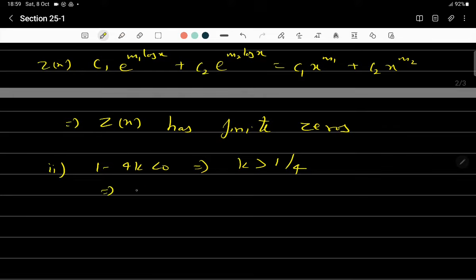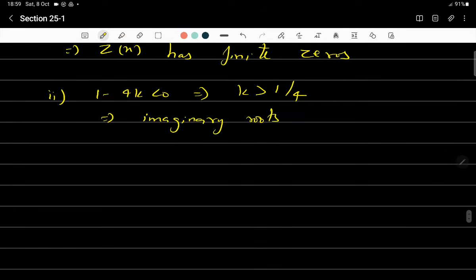So actually you will get imaginary roots. I am not interested in the final solution, we just want to see what kind of roots we are getting. Now imaginary roots, sine and cosine, have infinite zeros, which implies z(x) has infinite zeros.